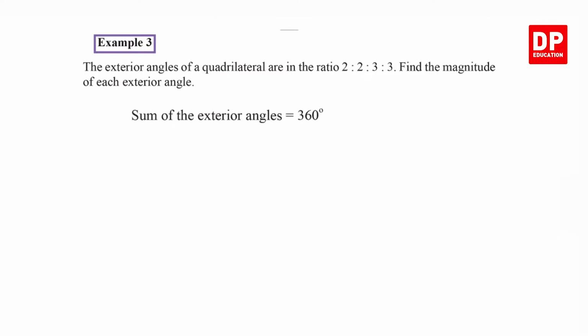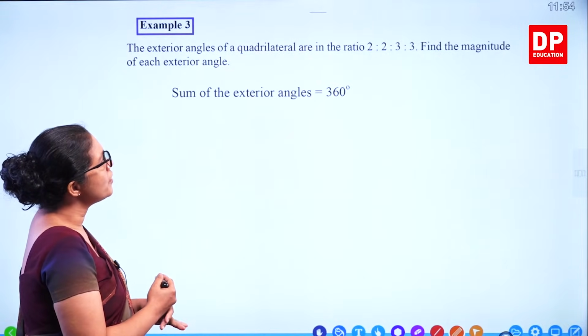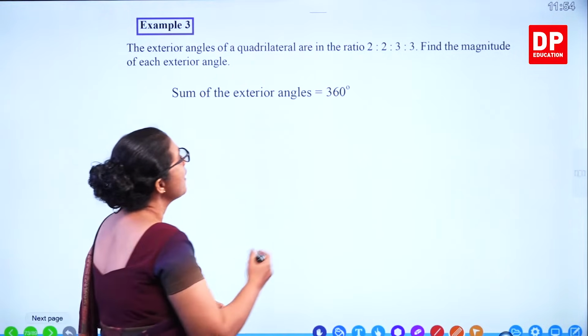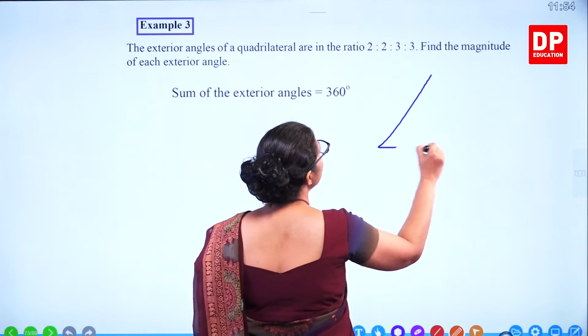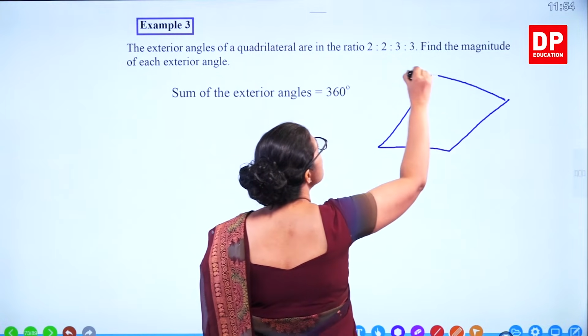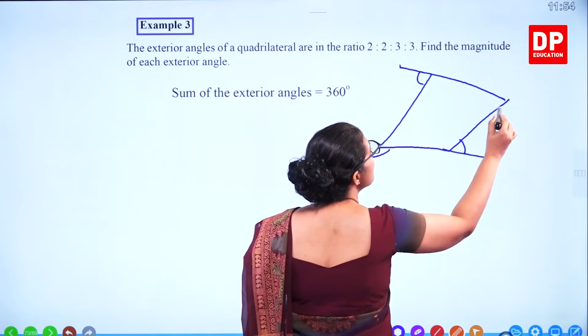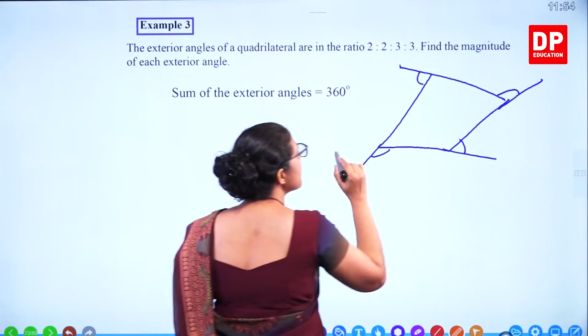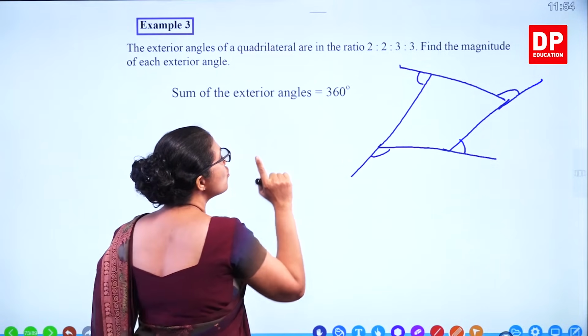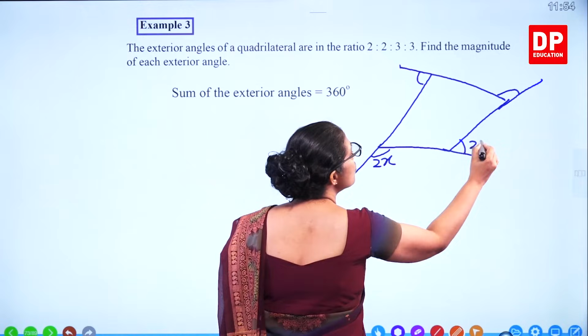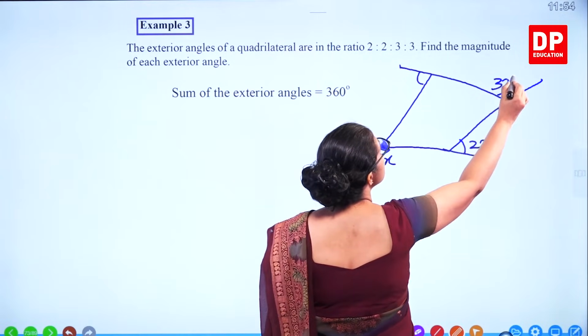Example number 3. The exterior angles of a quadrilateral are in the ratio 2 to 2 to 3 to 3. Find the magnitude of each exterior angle. If this is the quadrilateral, these are the 4 exterior angles. 2 to 2 to 3 to 3 means I can take 2x, 2x, 3x, 3x.